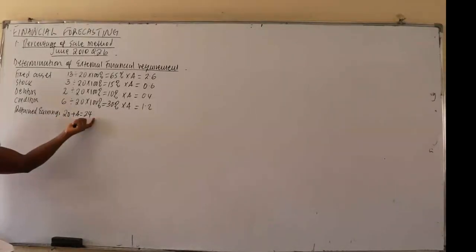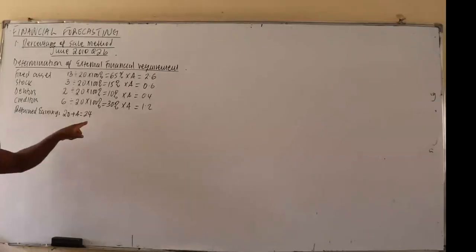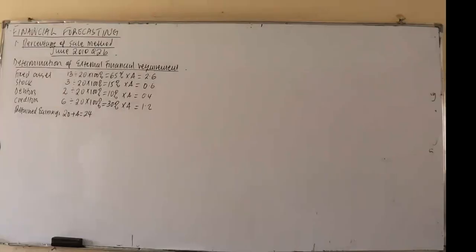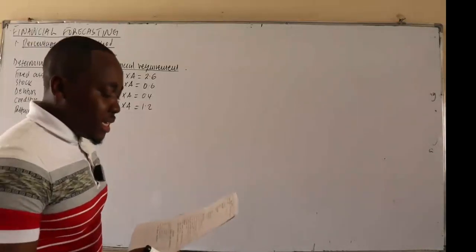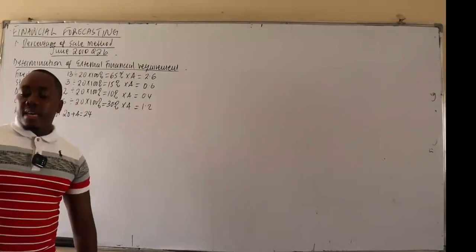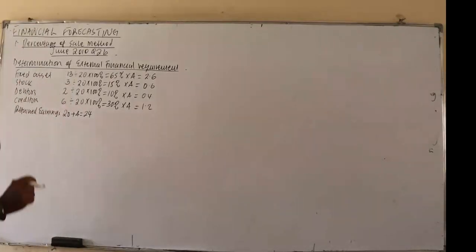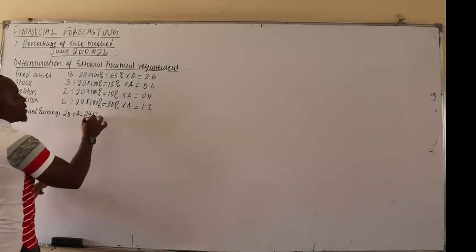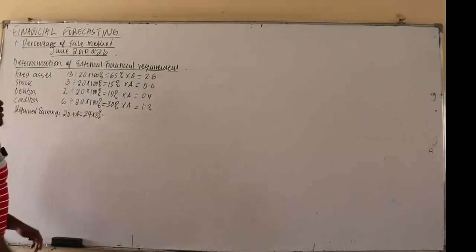When you take the expected sales, you multiply by the net profit margin, so that we determine the expected profit for the coming period. Note number 2: the net profit margin is 8%. So of this 24, 8% will represent the net profit. How much is that?